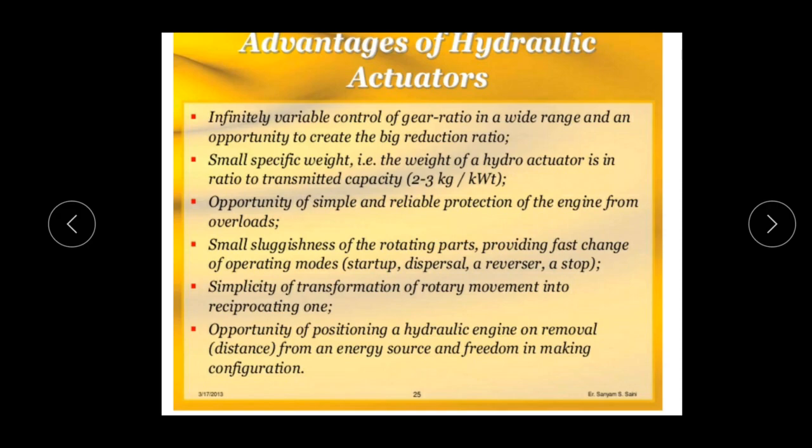The opportunity of simple and reliable protection of the engine from overloads, a small sluggishness of the rotating parts, providing a fast change of operating modes, and the simplicity of transmission of rotary movement into reciprocating movement. The opportunity of positioning a hydraulic engine at a distance from an energy source and freedom in making the configuration.